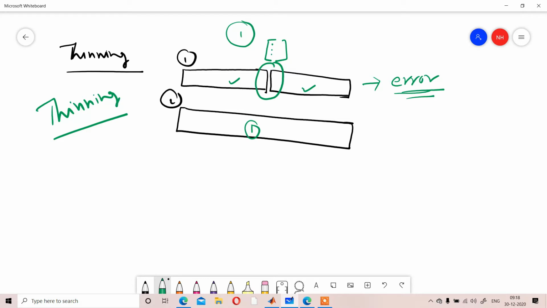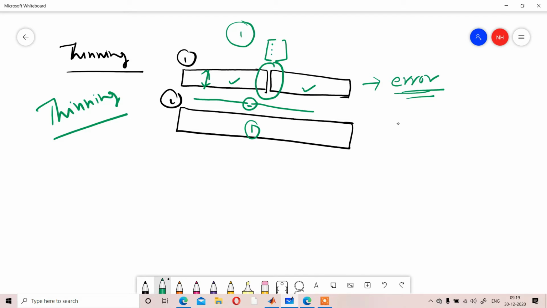So what you need to do is the thinning process, or you need to simply thin that portion so that the pixels are like that. If you can represent that by considering a minimum number of pixels, then automatically you can detect where the gap is.